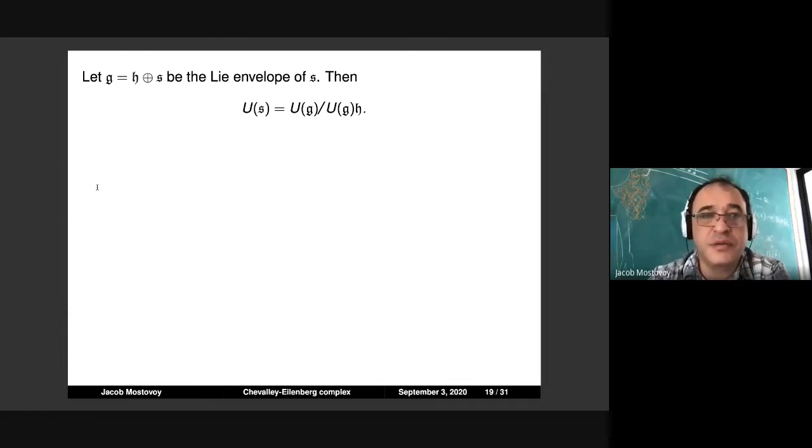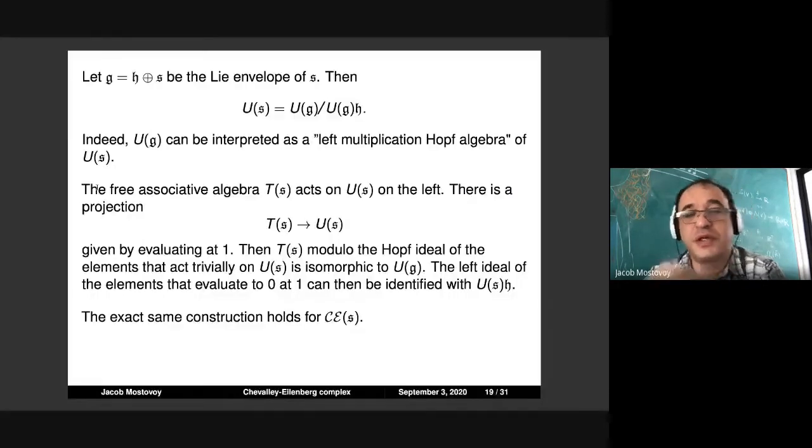The universal enveloping algebra of a Sabinin algebra can be, to a great extent, reconstructed from the universal envelope of the Lie envelope of the Sabinin algebra. We can think of this as some kind of a left multiplication algebra.